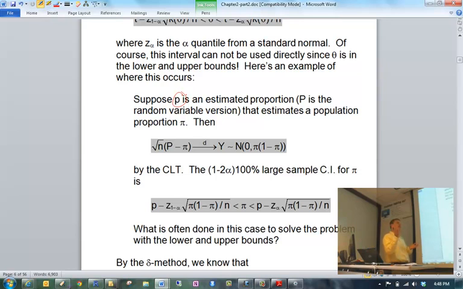Hopefully it's familiar to those of you who took my 875 course. If I look at the random variable version of this estimated proportion, capital P, one could show, it's a standard result you often see in an asymptotics course, square root of n times P minus pi converges in distribution to a normal random variable, mean 0, and variance pi times 1 minus pi.